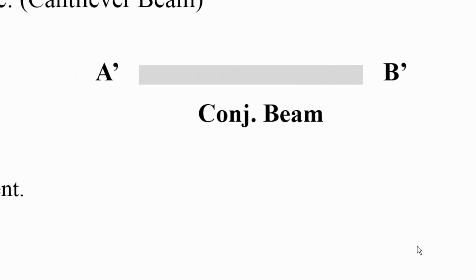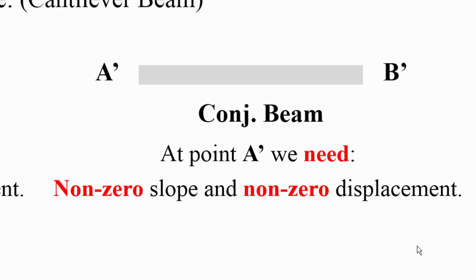So the point A on the real beam can be seen as point A prime on the conjugate beam. Now, if I have non-zero shear and non-zero moment at A, I should have, and that's what I need, non-zero slope and non-zero displacement. Now take a second and let this sink in.